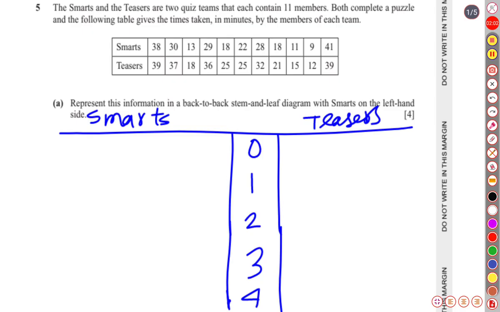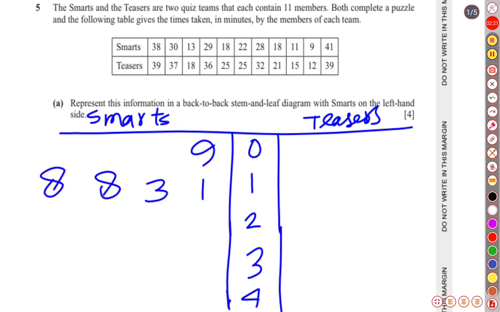Let's see what the values are for Smarts. First value for 0 is 9. After 1 there come 1, 3, 8, 8.